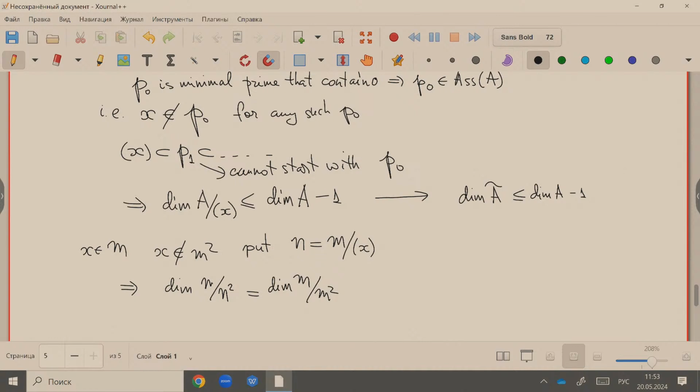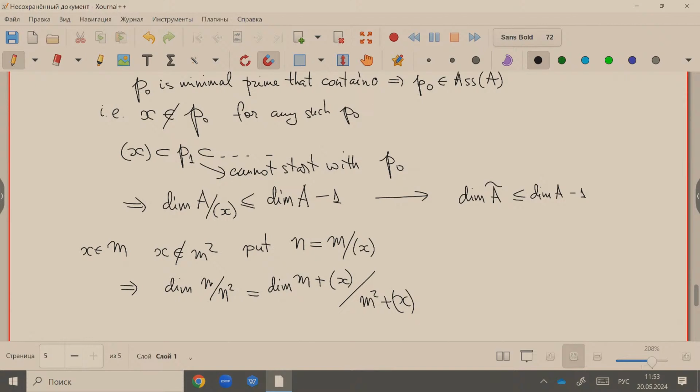You can write M plus x modulo M square plus x.